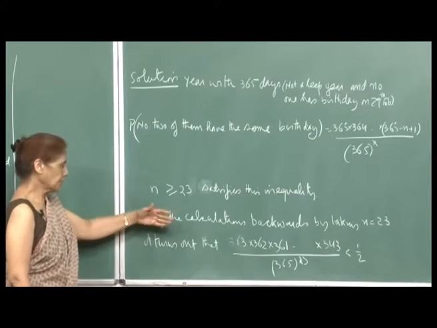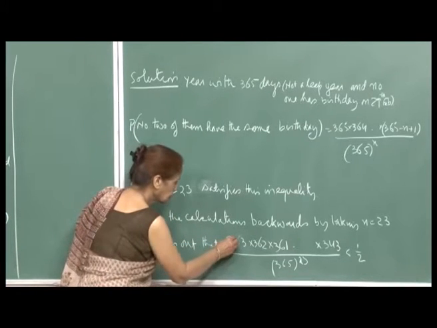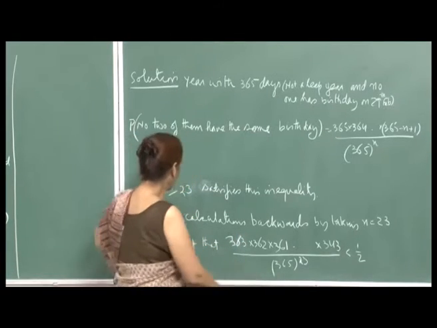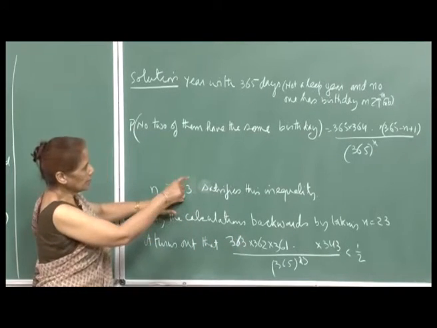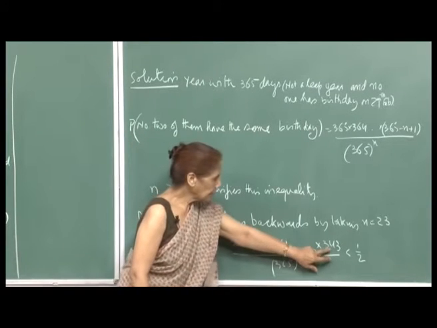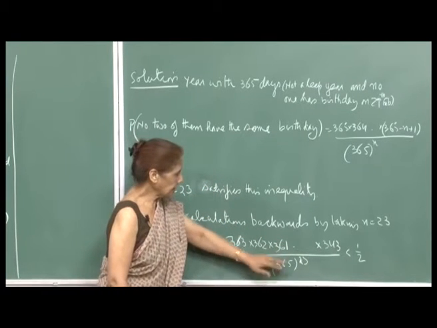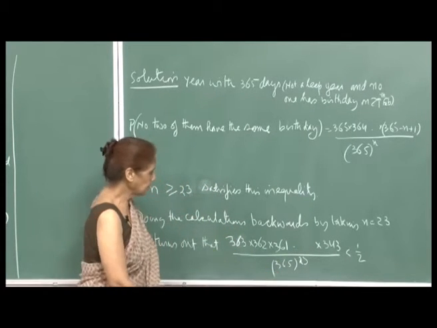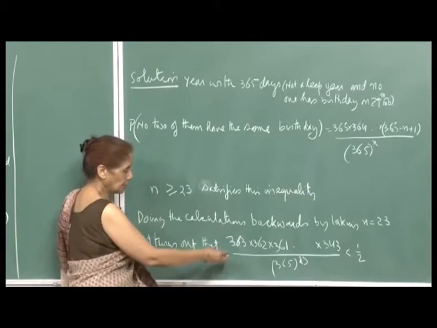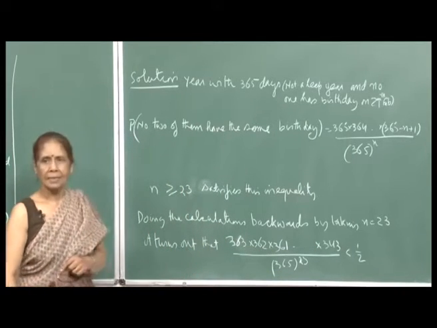Now, of course, then I started calculating backwards. So, for example, for n equal to 23, 365 minus n plus 1 is 343. Then I started computing 343 upon 365, 344 upon 365 and so on, and then just 363 upon 365. When you come up to this point, then the probability just turns less than half.